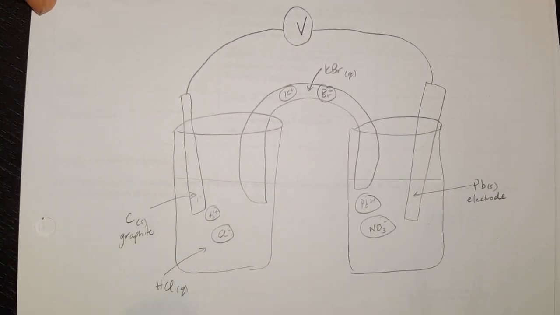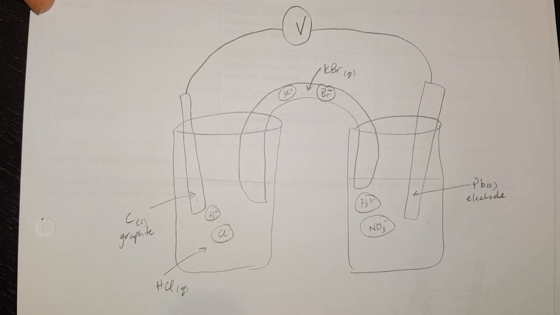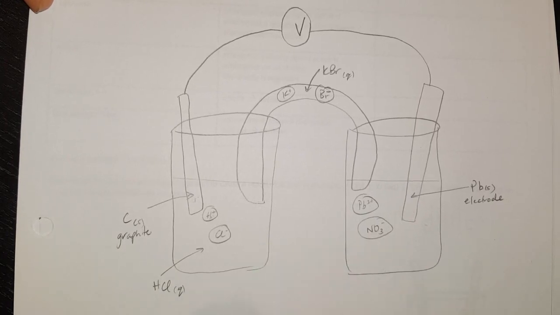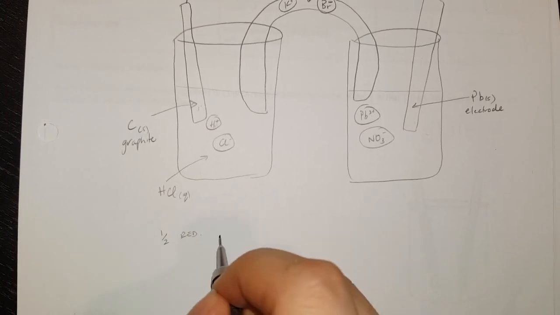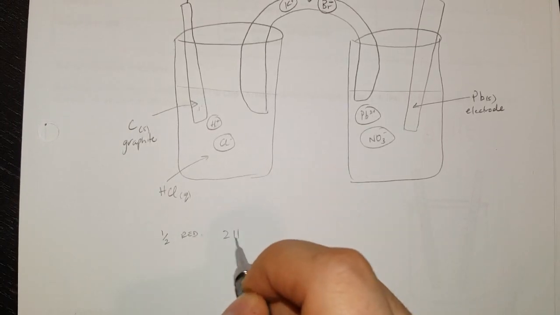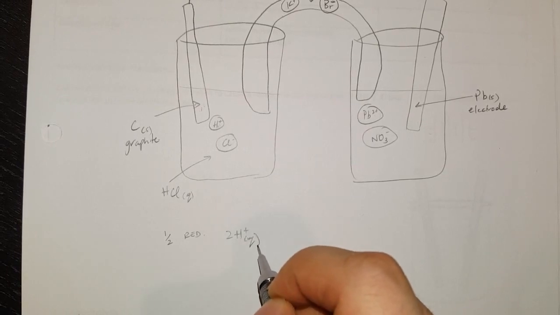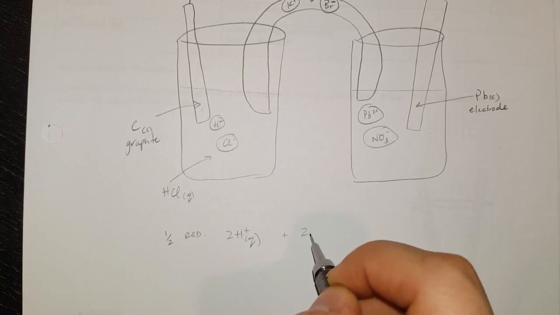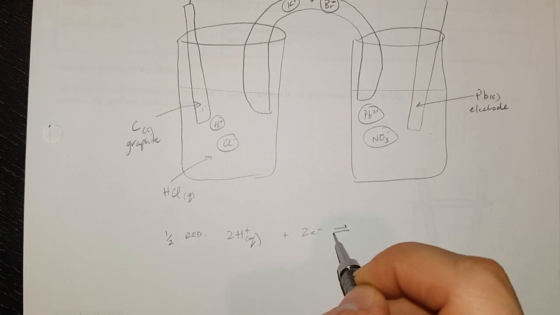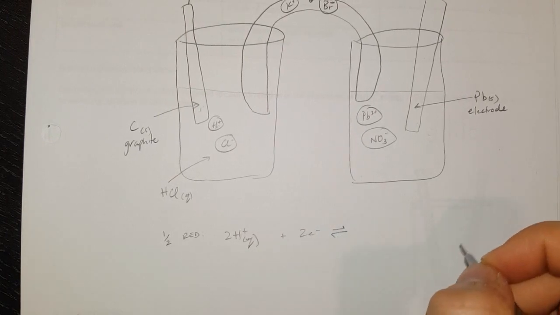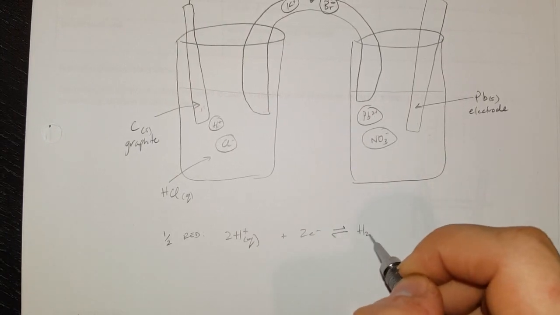So now that I've done my diagram, I'm going to write my half reduction reaction. It's going to be as follows: 2H+ aqueous plus 2 electrons, equilibrium arrow, forms H2 gas.